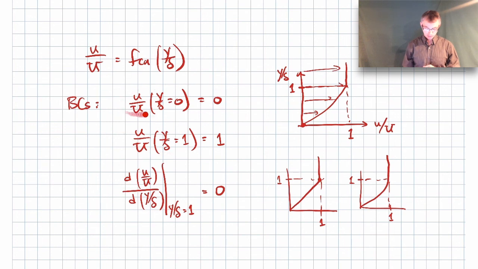No slip at the plate surface, and that it's continuous with the outer flow velocity. And then if your function here is of higher order, meaning you have some additional terms, then what you'll want to do is start matching these, like the gradient term. So you want it smooth at that interface, and then if you have even more complex expressions, then you might want to match the curvature and so on.